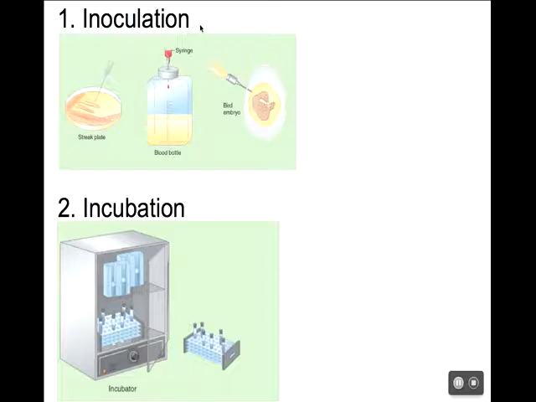Now you could inoculate a solid surface such as a petri dish that you see here. You can inoculate a liquid such as a bottle of blood or liquid media, or you can inoculate an animal or a bird embryo too. So it's introducing that small sample so that it can grow in that environment. The sample that you're introducing could also be called the inoculum.